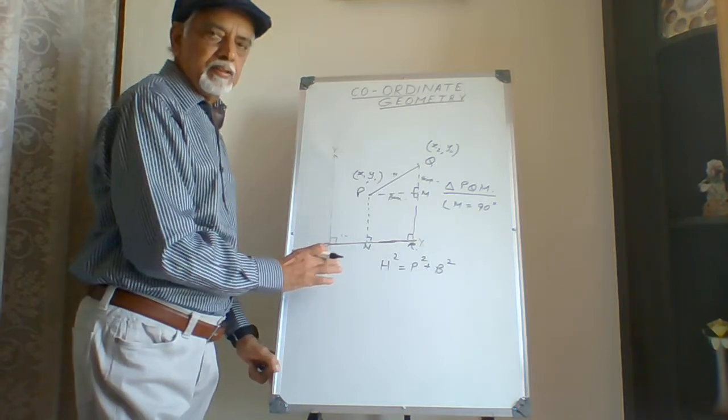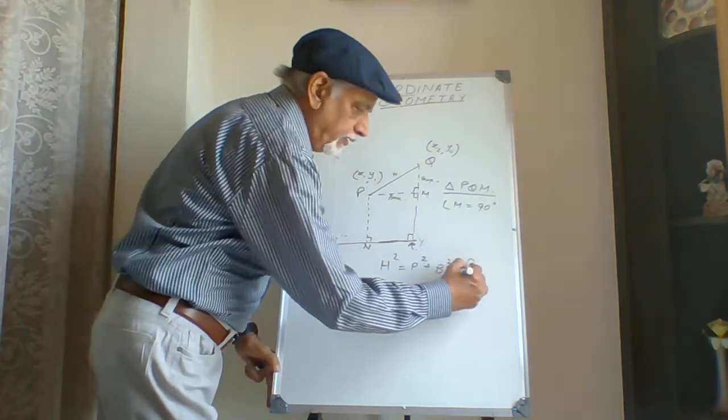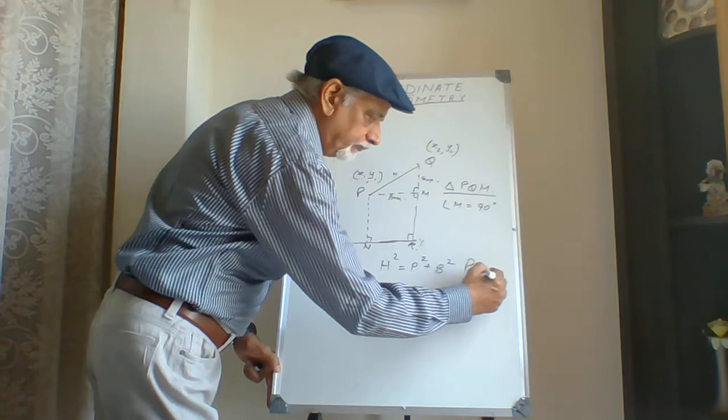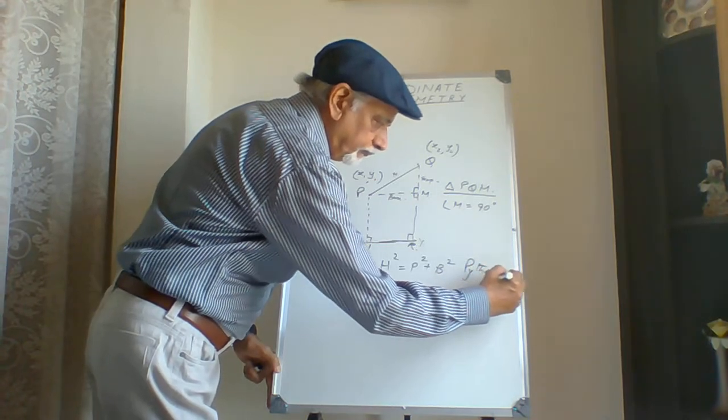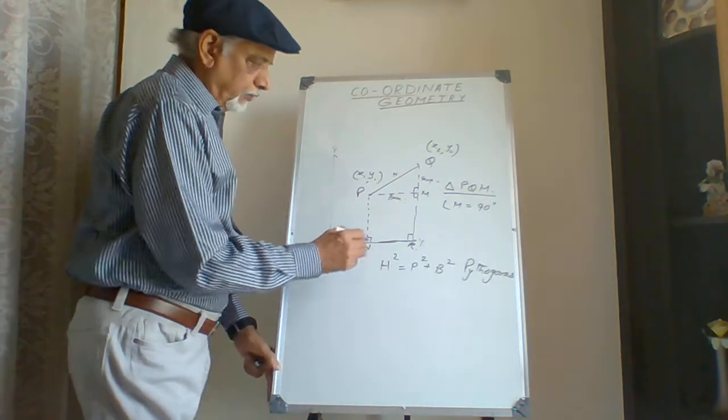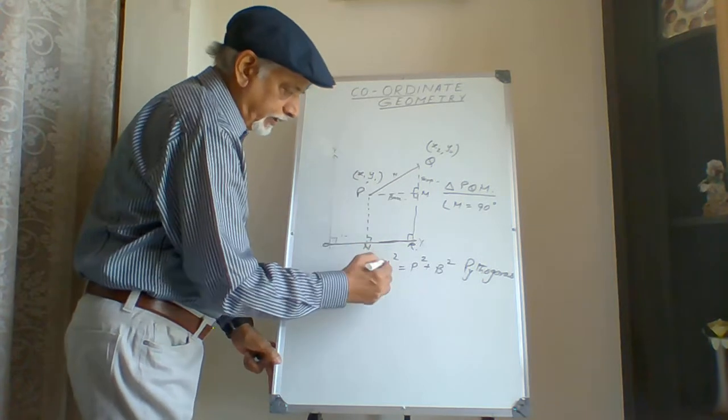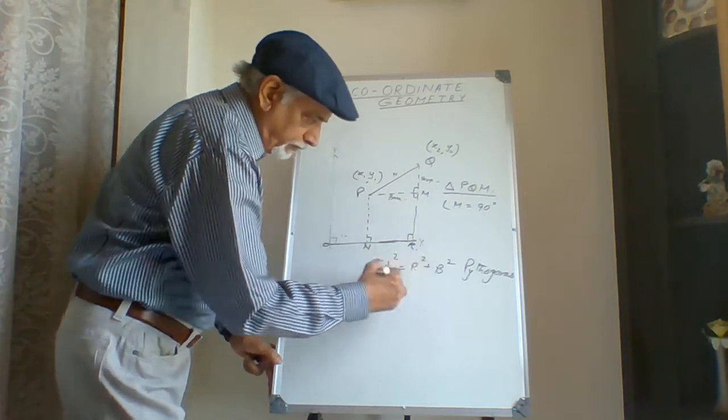That is the Pythagoras theorem. We write it by Pythagoras theorem. So only h I require. So what I'll do? I'll take a square root of the whole thing.